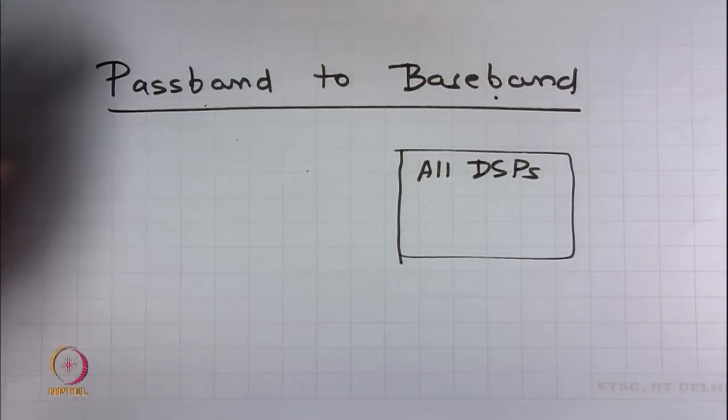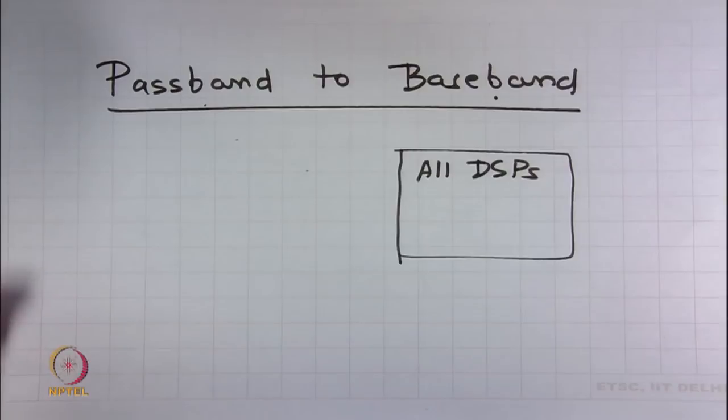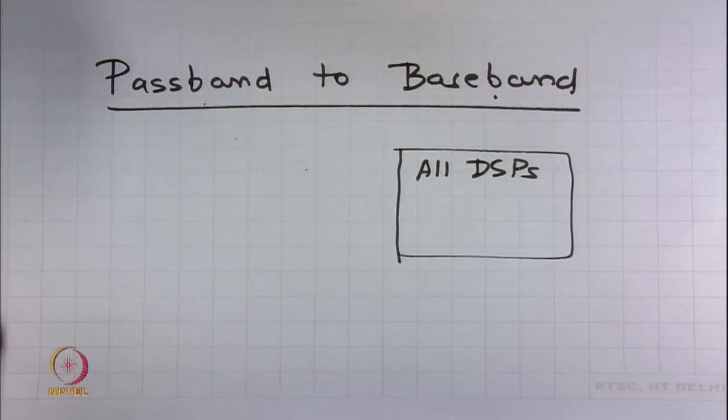So, all detectors and so on and so forth operate in the baseband domain, and the reason is very simple: the baseband signal has lower frequency content than the passband signal, and thus the sampling rate required to process a baseband signal is much smaller than the sampling rate required for the passband signal, and thus the DSP becomes cheap and simpler because sampling rate requirements reduce.